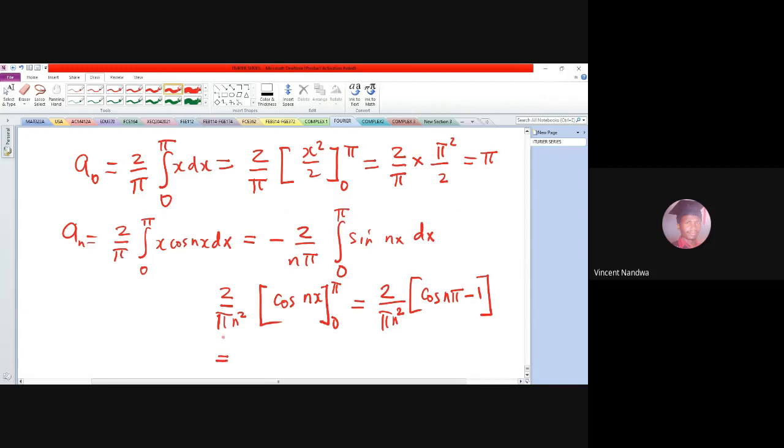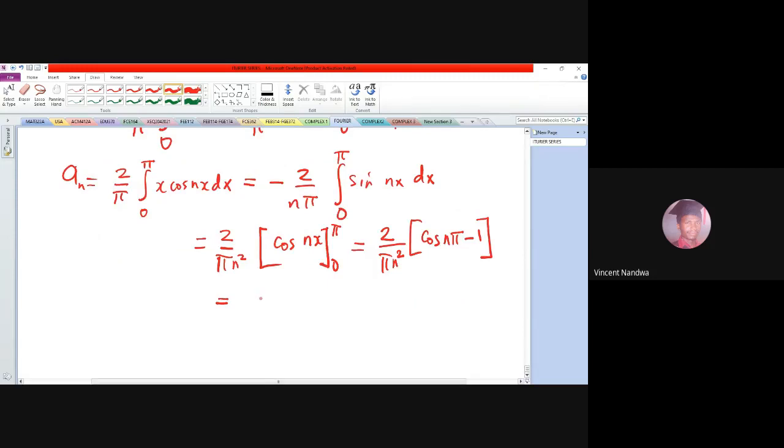This would be the same as 2 over pi n squared into minus 1 to the power n minus 1.